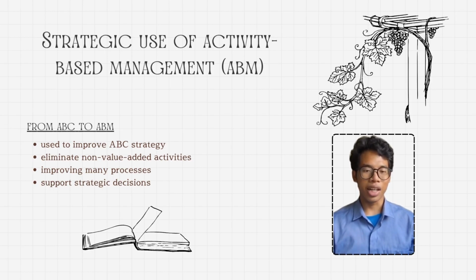First, identify and remove non-value-added activities like idle time, excess material and defects, improve pricing and product mix, and last, make decisions based on customer profitability. So this period of expansion really set the foundation for more strategic management tools in the future.